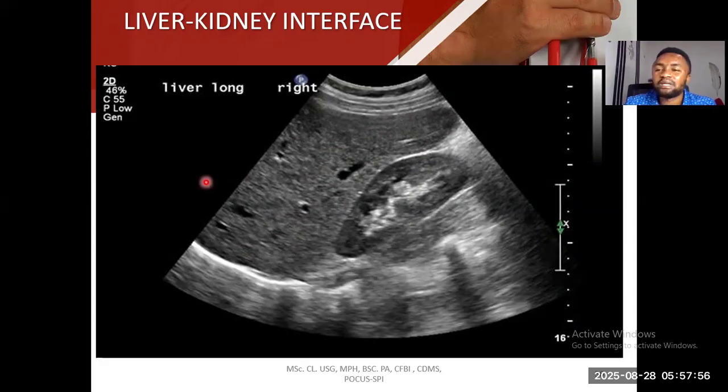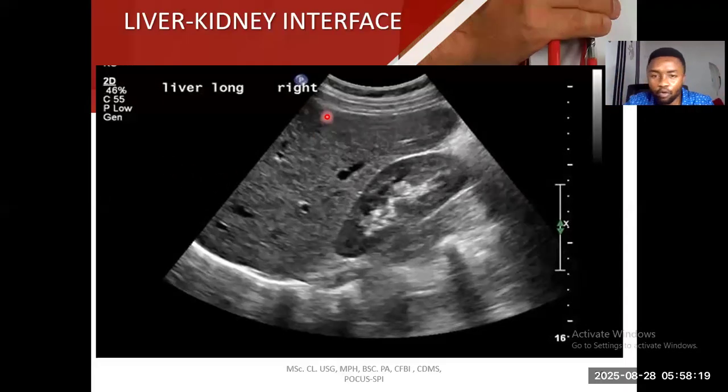It is wrong to get the full liver on imaging unless you are sweeping around. When you are sweeping, you are searching, you are not measuring. That one you can position your probe in such a way that you get the full liver. It's not for measurement, please.